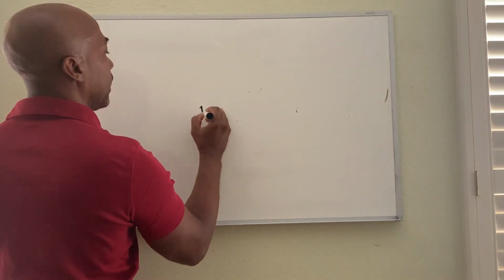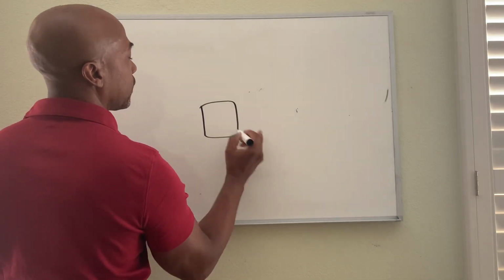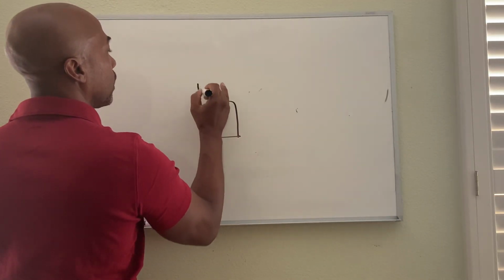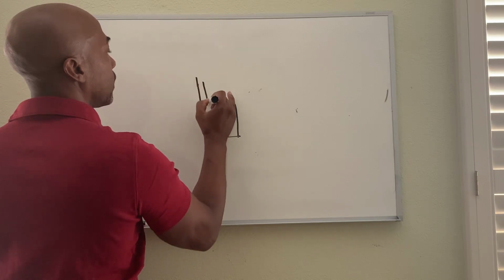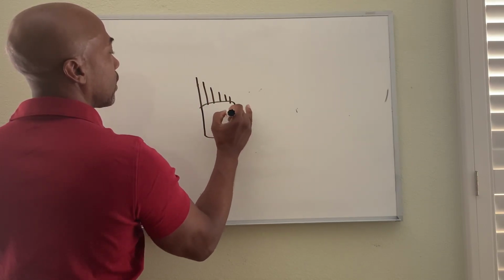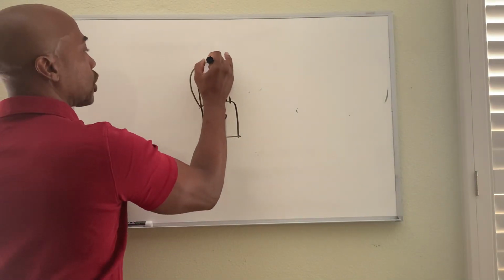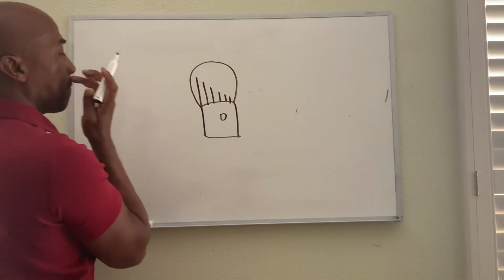So here you have, again, your hair cells with a tall kinocilium, stereocilia like this. And these hair cells are in a gel-like structure called a cupula, like so.